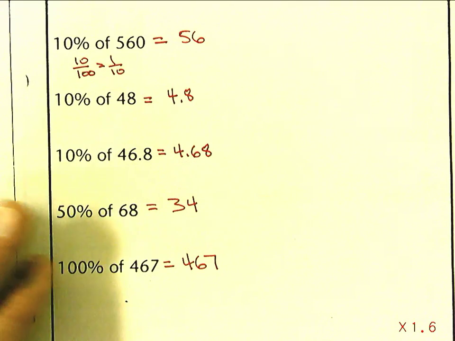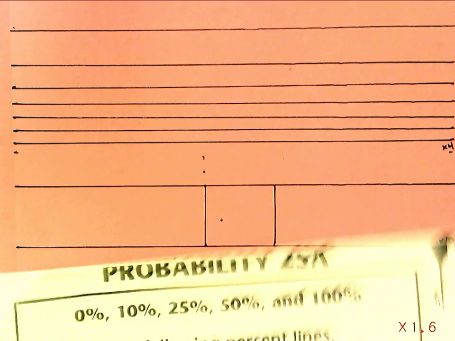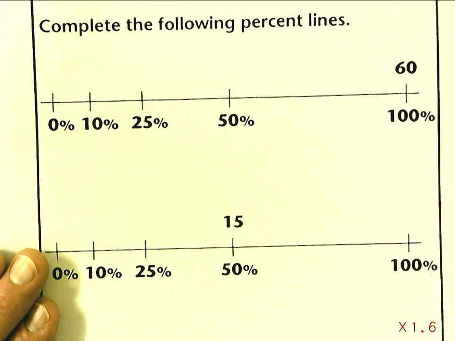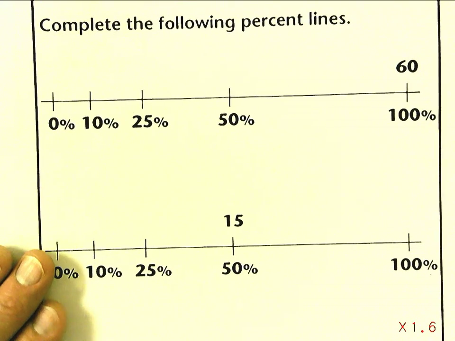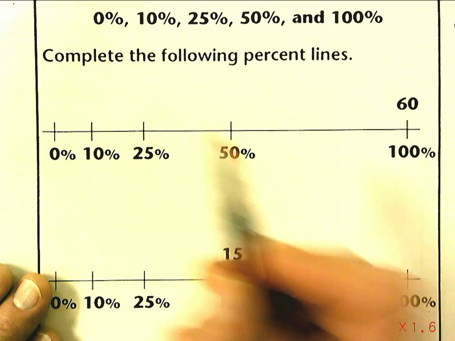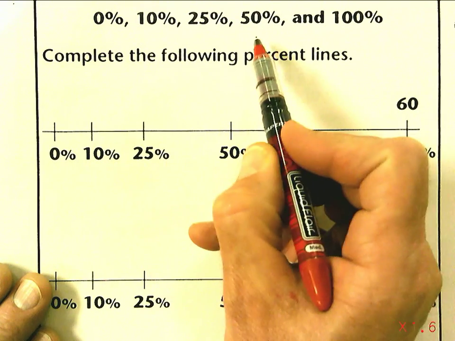Now we're going to continue on one more section here, fairly simple, because now we're going to use the percent line idea to do the same thing. So if we take a percent line, and our percent lines for all these different percents: 0, 10, 25, 50, and 100%.